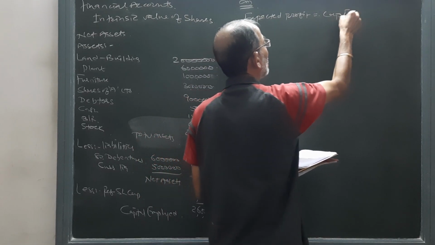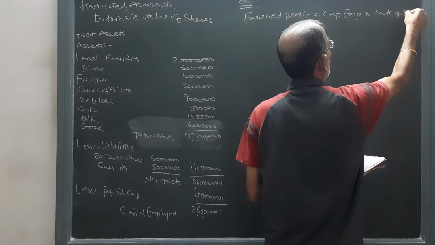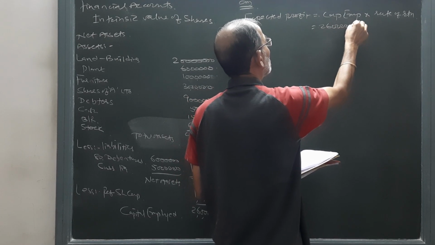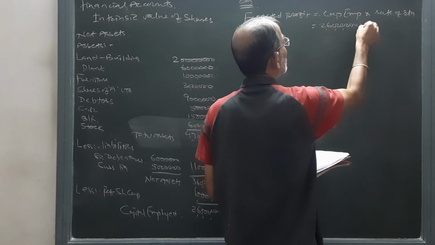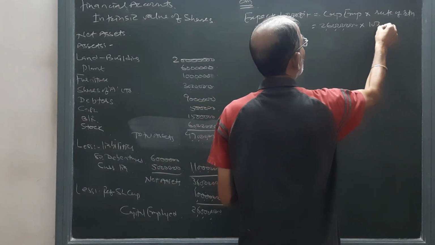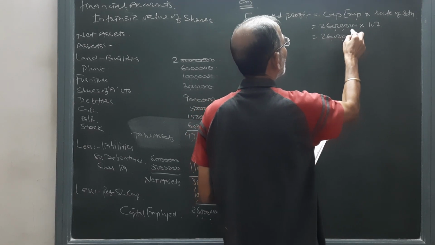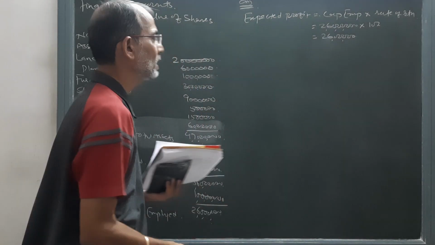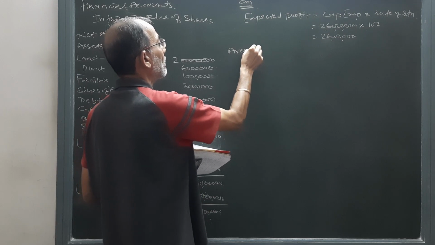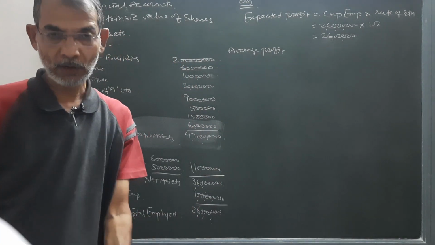Now expected profit is equal to capital employed into rate of return. Capital employed is 2 crore 60 lakh and rate of return is 10%. So expected profit will be 26 lakh. Now we come to average profit, that is given 40 lakh.